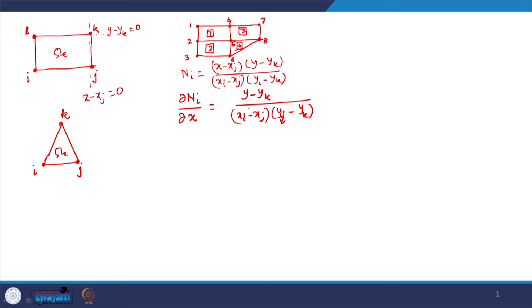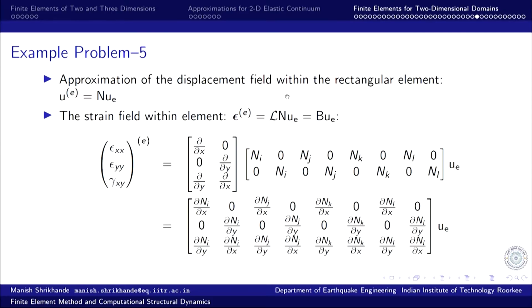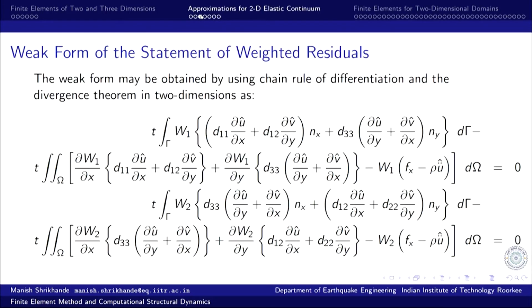So, once we map these local node identifiers I, j, k and l with the physical actual nodes in the global mesh, then these derivatives can be evaluated readily by using these coordinates, and that is how the respective derivative terms in the domain integral are evaluated.